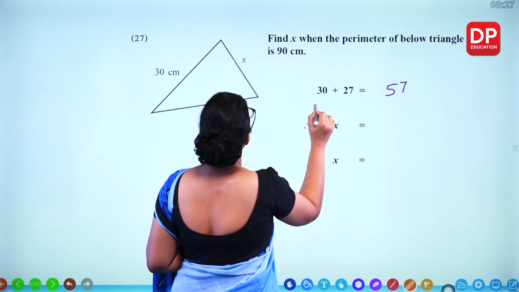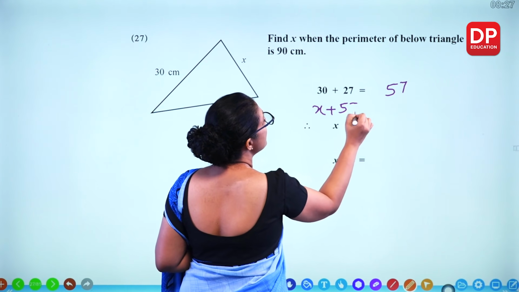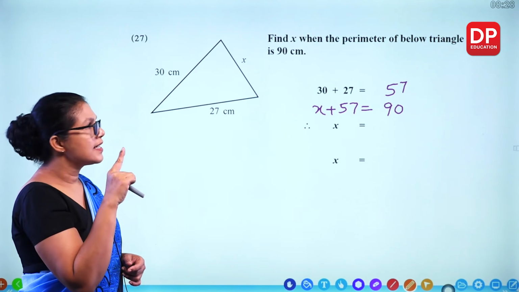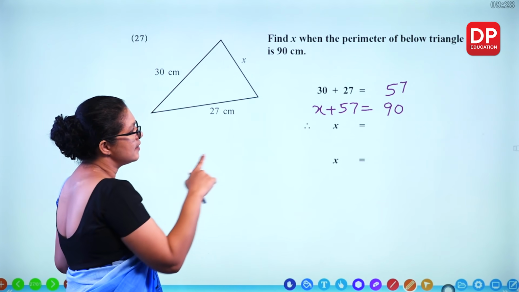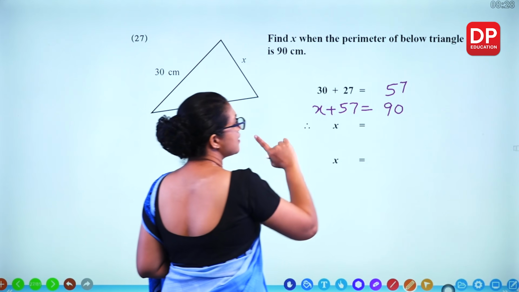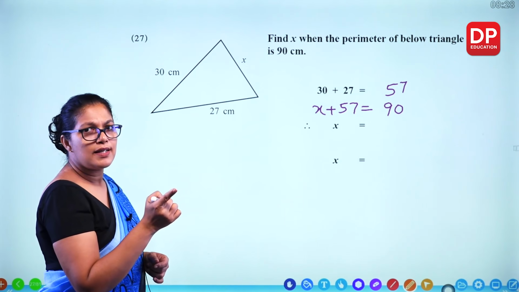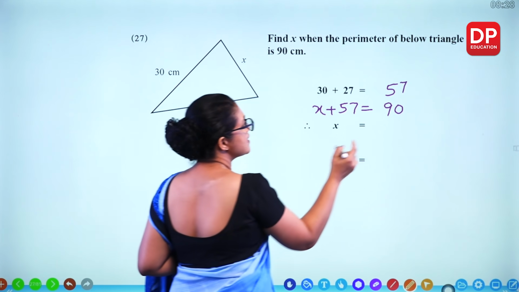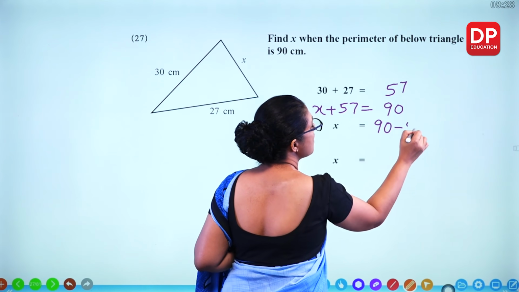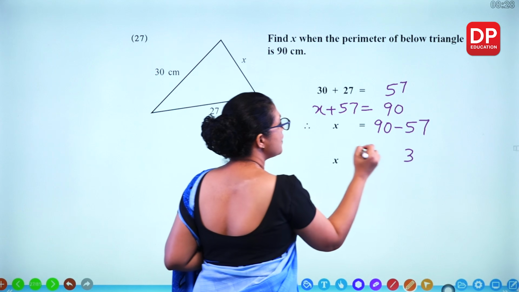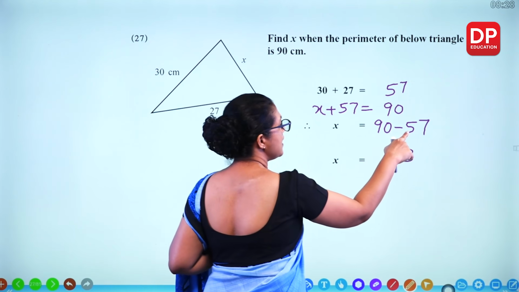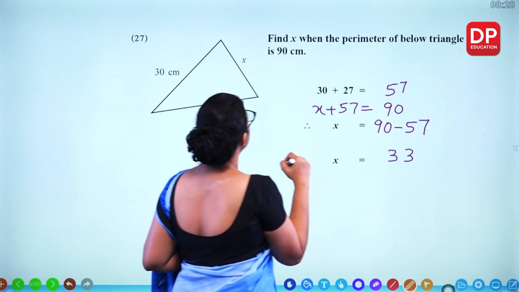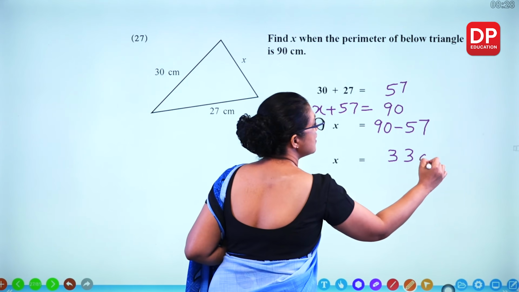I'll write x plus 57 is 90 because the perimeter is given as 90. So x is, take 57 away. That means subtract 57 from both sides. 90 minus 57. So you get 3, 1 remaining, 6, and here 3. 33 centimeters is the x value.